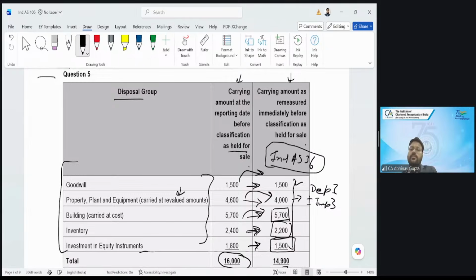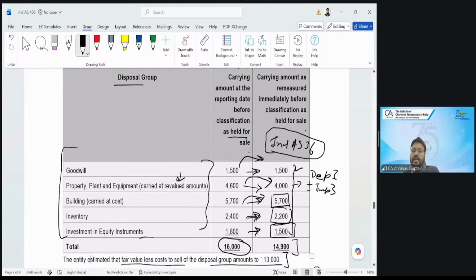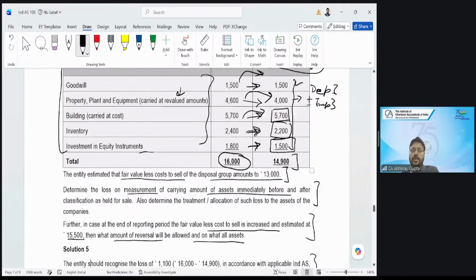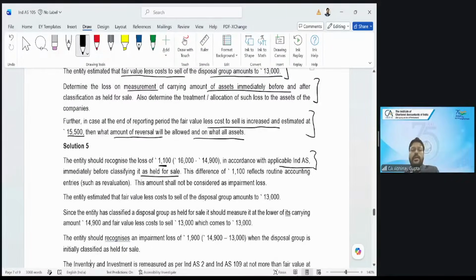So these are the revised carrying amounts given in the question. So we are not going to challenge, we are simply accepting them at face value, right? So on this basis, the final carrying amount of the group is 14,900, and hence we will record an impairment loss of 1100 anyway on this, right?